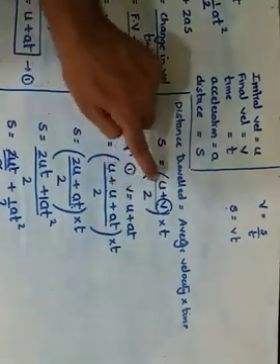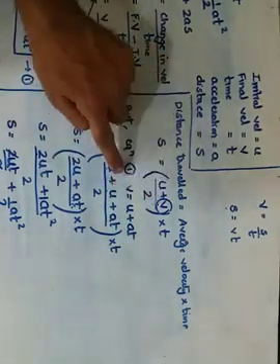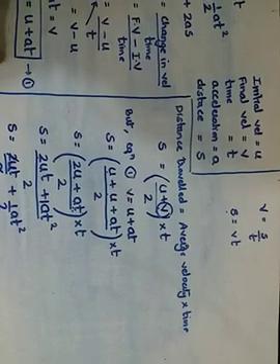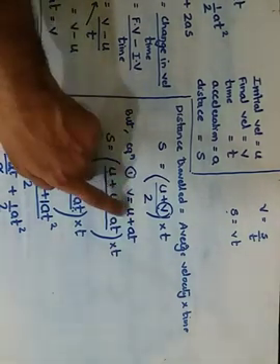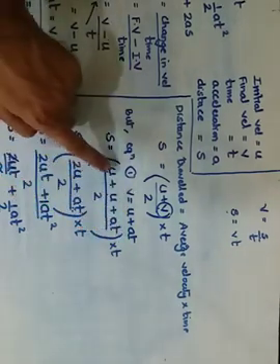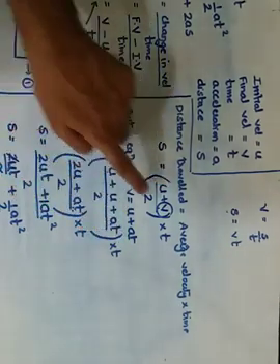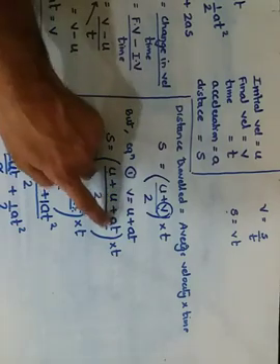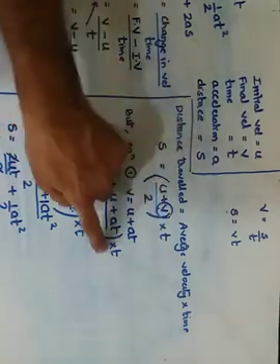Your u remains same, but the value of v, which was derived in the first equation, wherein v was equal to u plus at, you have substituted in place of v: u plus at upon this 2 and t remains same.